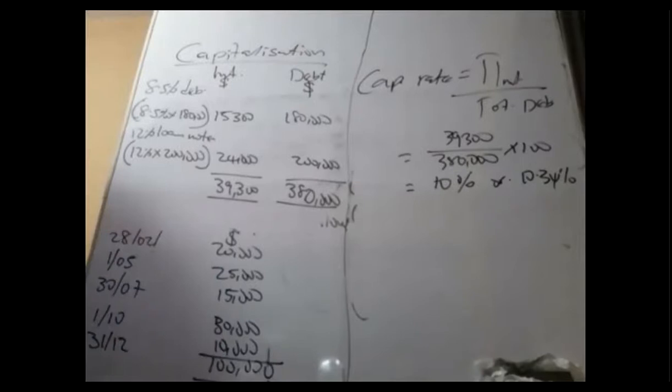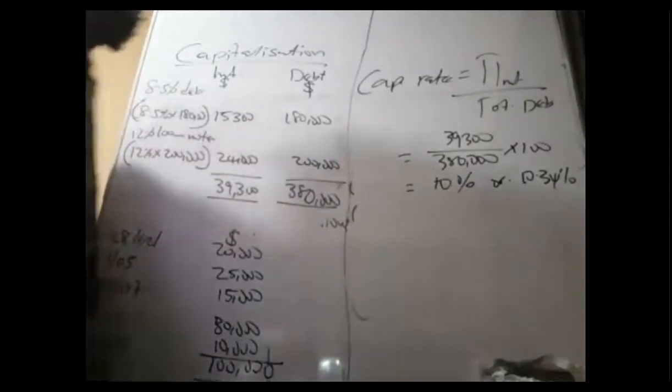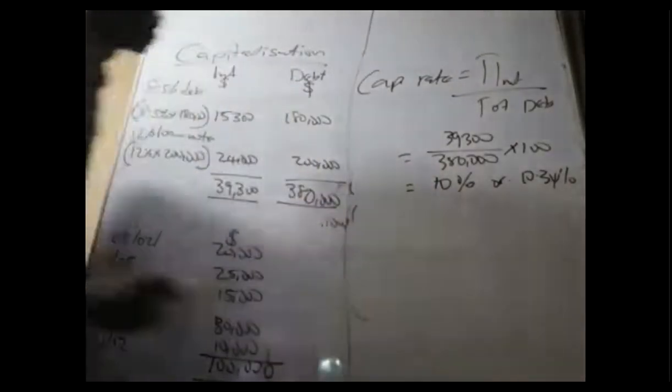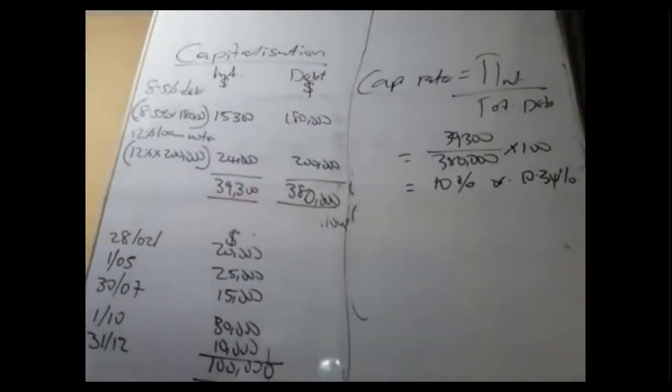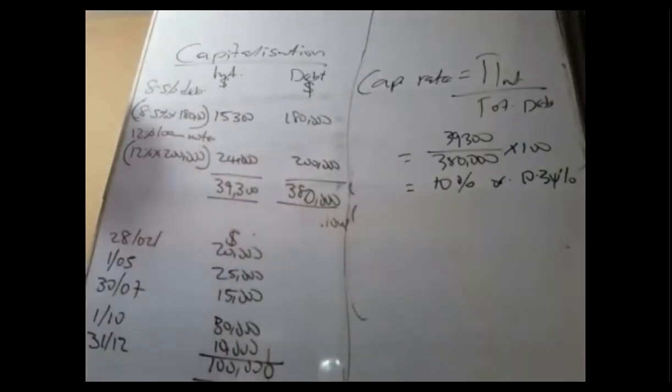Okay, so now right after the capitalization rate, we have to go ahead and provide the calculation of the interest or the borrowing cost eligible for capitalization. So let's do that one here. Which side should I claim? Can I claim this side? Yes, this side is going to go in.